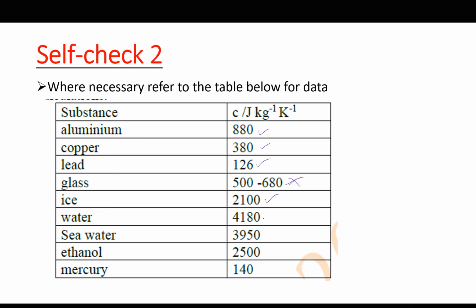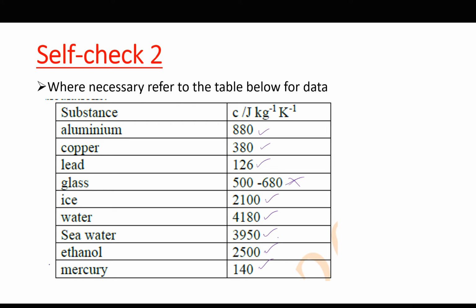Ice, for water, which is approximately 4,200, even if you use 4,200, there's no problem. For seawater, you can even use 4,000. Note that the specific heat capacity of seawater is less than that of pure water. Ethanol, specific capacity is that. Even for alcohol, it could be around the same. When you find such questions, you can also refer to this table.